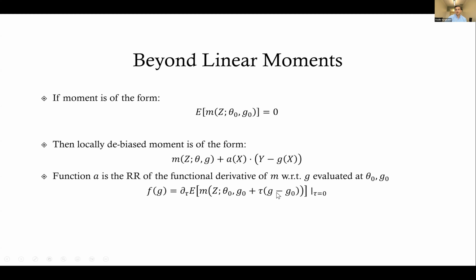That's this quantity down here, which is now linear in G. So this directional derivative is linear in that deviation parameter G. Then you want to estimate the Riesz representer of this linear functional, which you can do in two steps. First, estimate a preliminary model of G, apply it instead of G naught, and then use automatic differentiation to estimate the directional derivative, and then plug that automatically differentiated moment into our automatic Riesz representer approach.